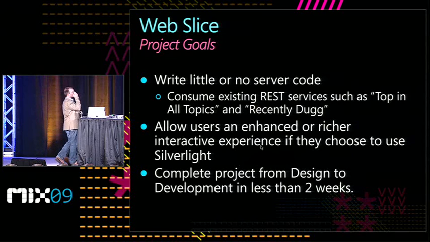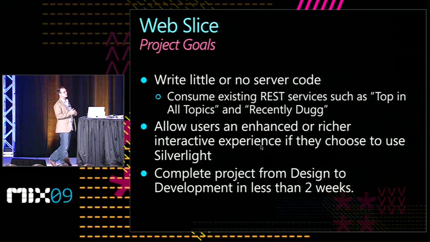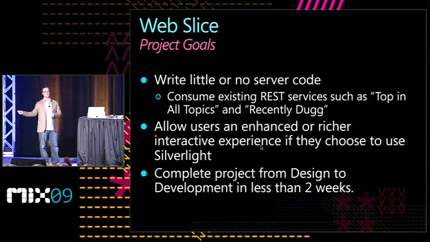The third piece was we wanted to do it fast. From the time we started talking about it to the time it deployed on the server, we wanted that to be less than 2 weeks. That involves a lot of things: design approval, iteration on design, prototyping, maybe some proofing, testing, development, and deployment.